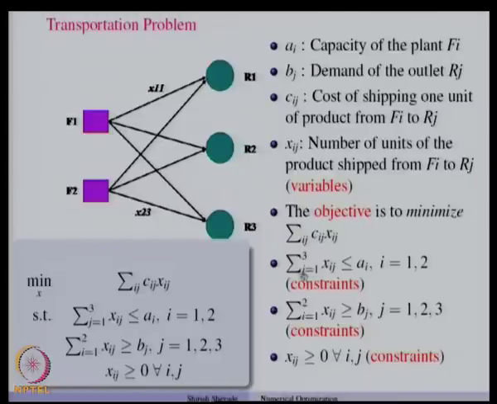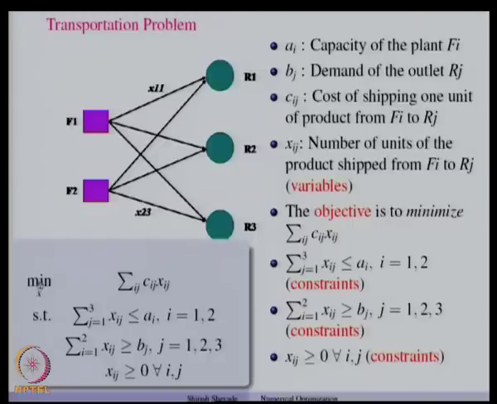So, we need to satisfy the constraint that sigma Xij over all j's is less than or equal to Ai, and sigma Xij over all i's is greater than or equal to Bj. And moreover, the number of units shipped from the factory to the outlet are non-negative.